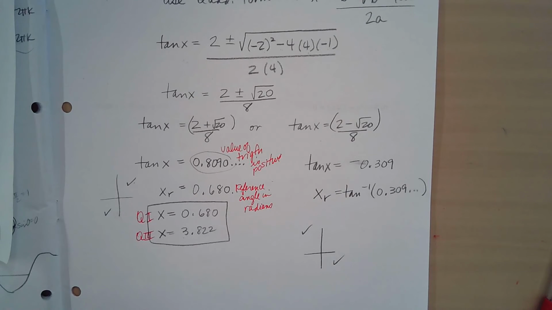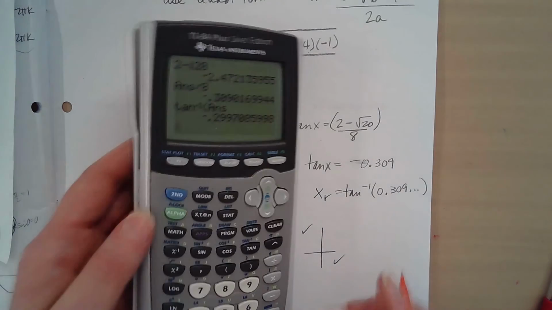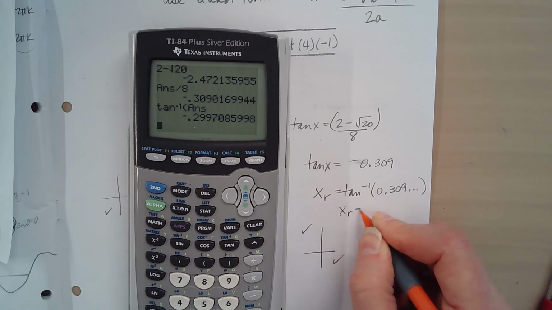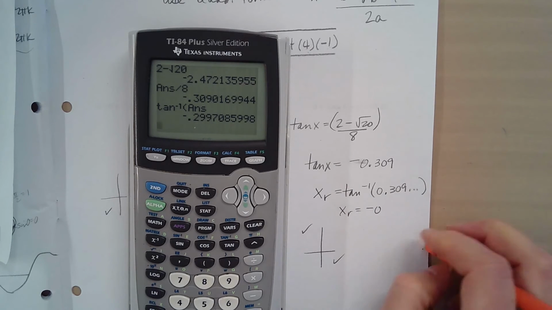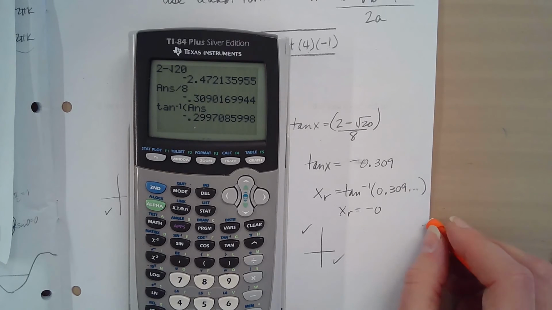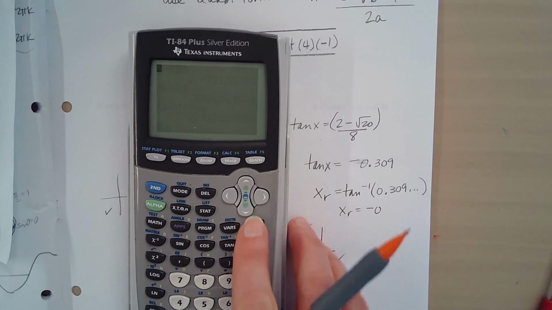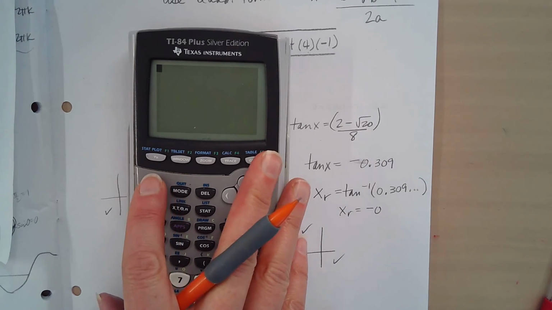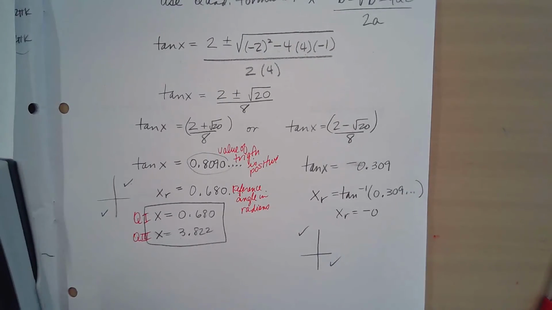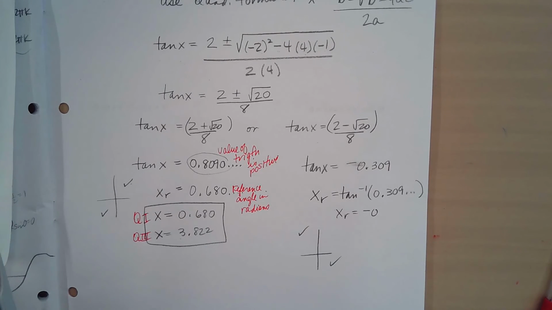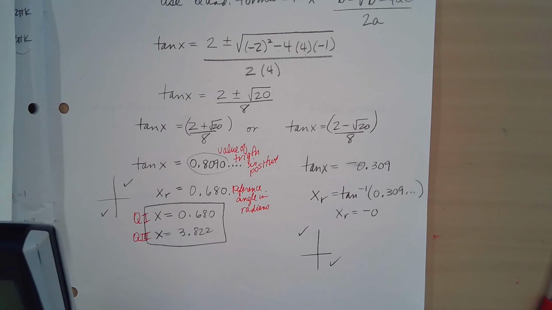So shift tan. This is very complicated. And my reference angle is negative 0. How did I get a negative? Sorry. Shift tan. It's very complicated, isn't it? Can't even keep my steps straight.